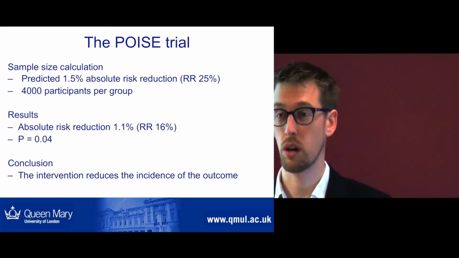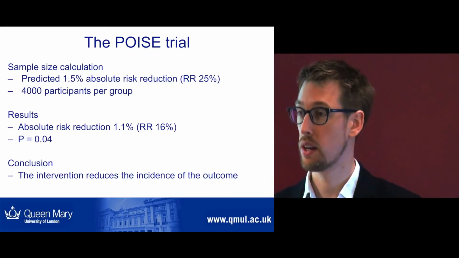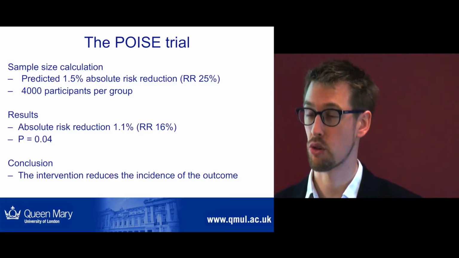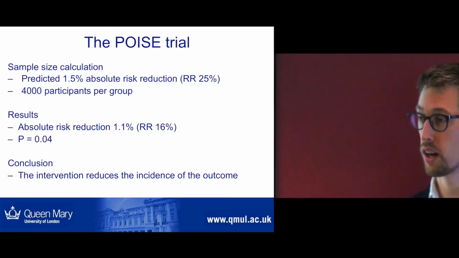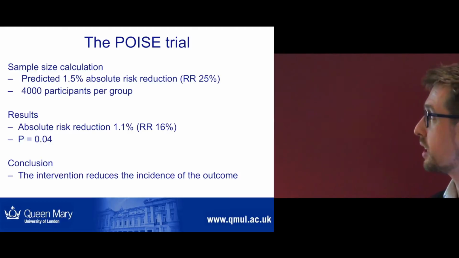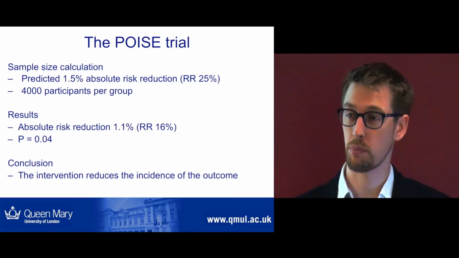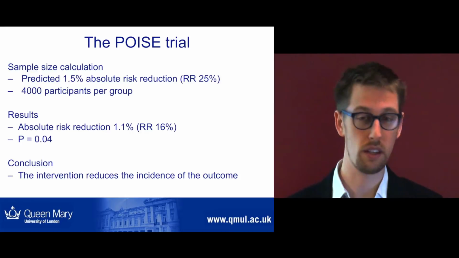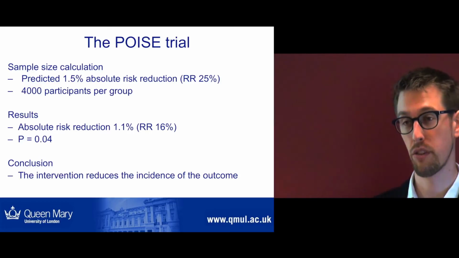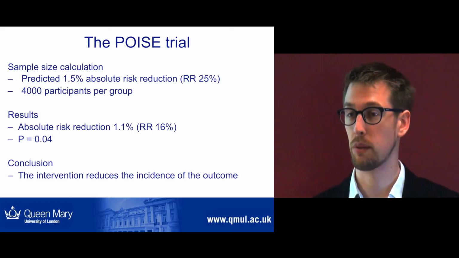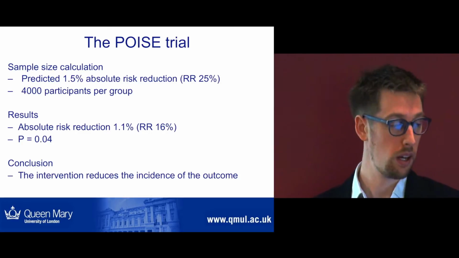If we look at a different trial, which was another trial that you looked at yesterday, the POISE trial, this is the preoperative beta blockade trial where they used metoprolol. This is the largest trial in perioperative medicine that I'm aware of, certainly. In this trial led by PJ Devereux's group, they did a prospective sample size calculation, and they predicted that instead of a 12.5% absolute risk reduction, they would have a 1.5% absolute risk reduction.